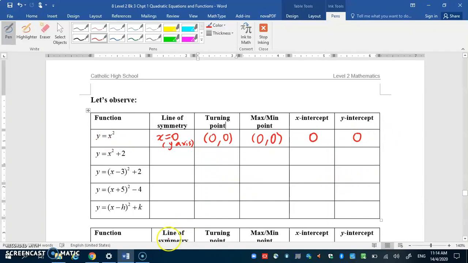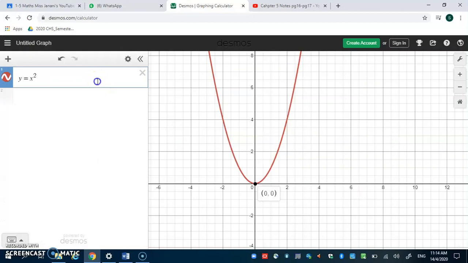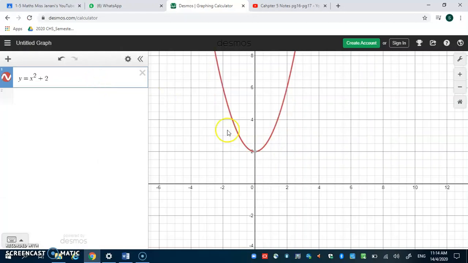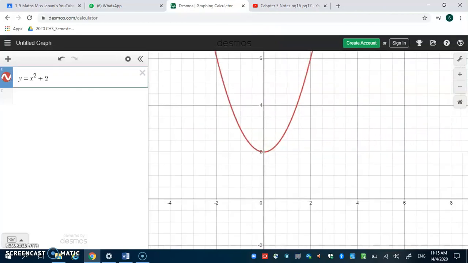y equals x squared plus 2. So I'm just going to type y equals x squared plus 2, and I observe that the curve just shifted up by 2 units. So it still has this line of symmetry, which is the y-axis, but the minimum point has now gone up to 0, 2 over here.